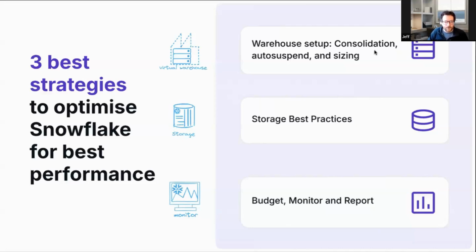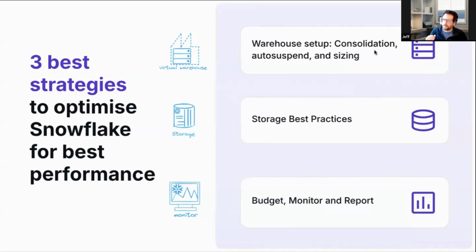So you can have like extra small finance, extra small supply chain, extra small HR. That way you know who's like using them. And Snowflake gives you a dashboard where you can very easily see spend by warehouse. So it's almost like they're making it seem like that's the right thing to do and the obvious thing to do. But really, you only want one warehouse per size in most cases.